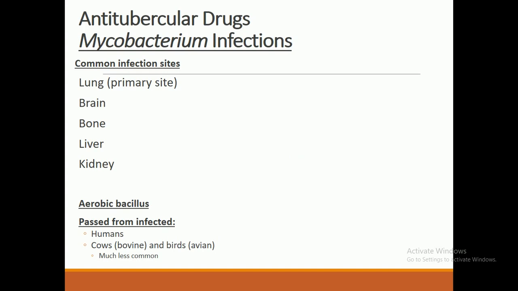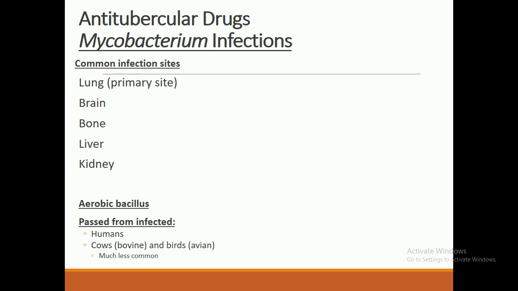Let's see here, anti-tubercular drugs, mycobacterium infection, these are the common infection sites. This mycobacterium can directly attack different sites, as you can see in the slides. The primary site is the lung.